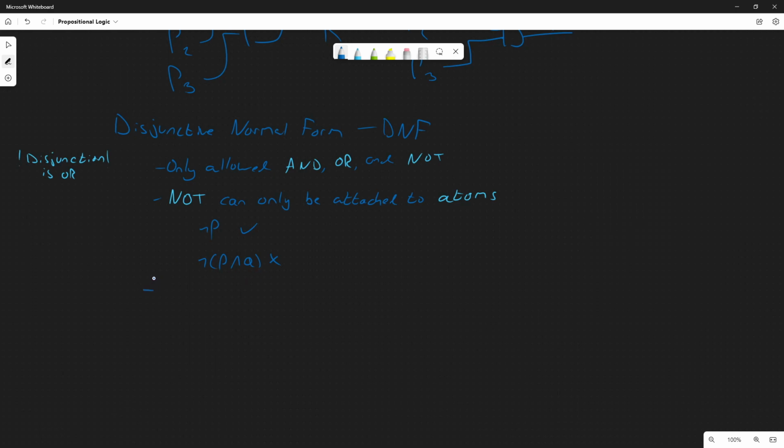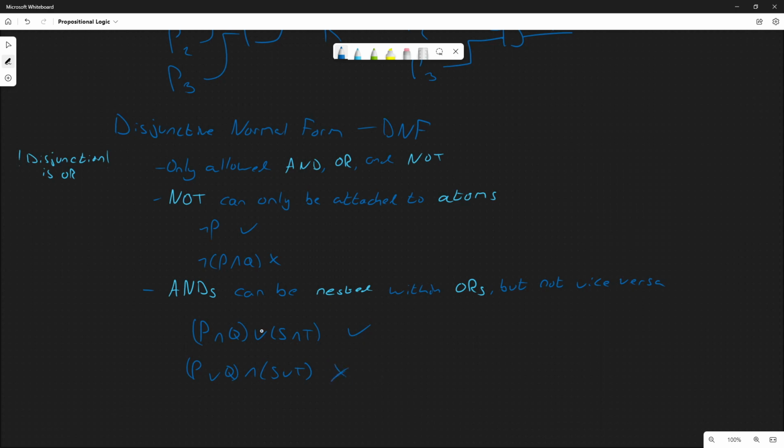The third rule is that you can have ANDs within ORs, but not ORs within ANDs. What this means is that you are allowed to have, for example, P and Q all wrapped up with OR S and T, but you may not have P or Q and S or T, or some other variation.